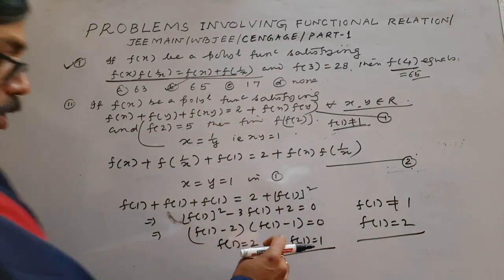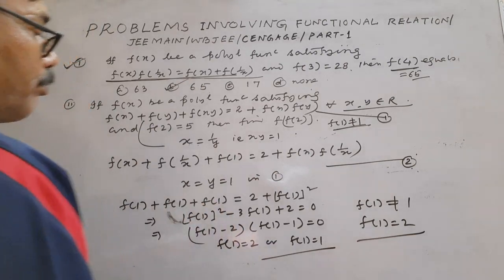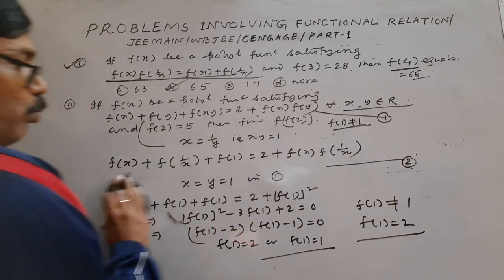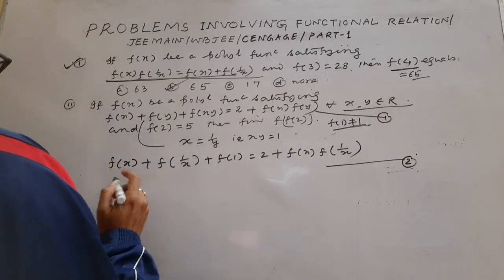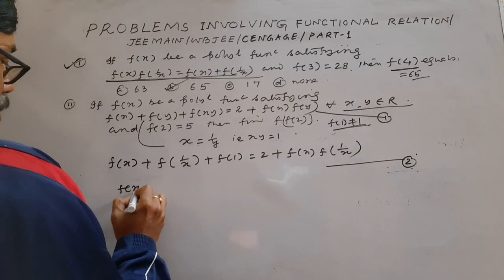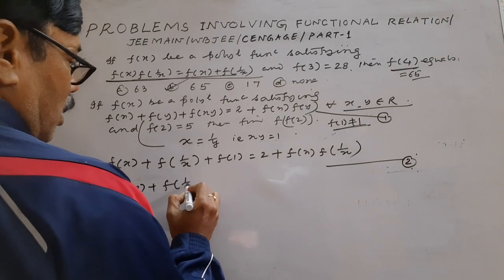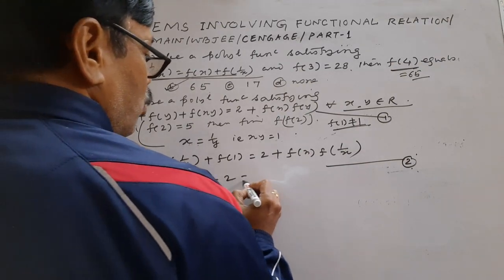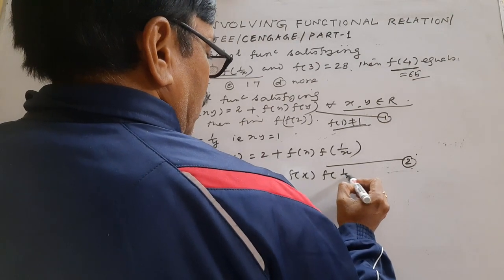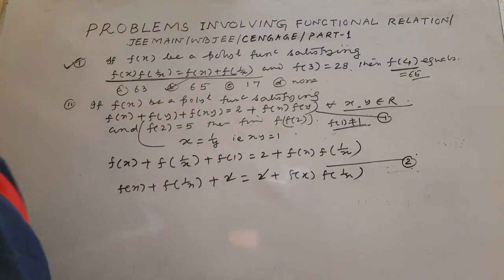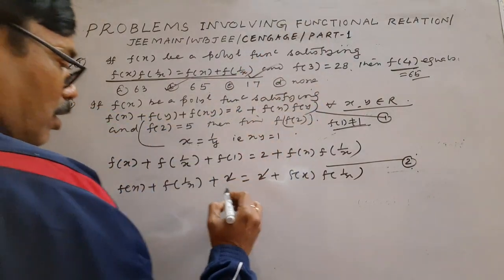Now we put this value of f(1) in equation 2. f(x) unchanged, f(1/x) unchanged, f(1) = 2, f(x)f(1/x). So 2 cancel, and we get the previous relation.